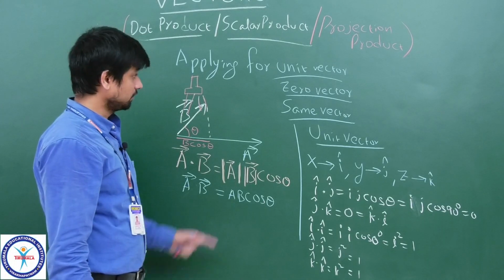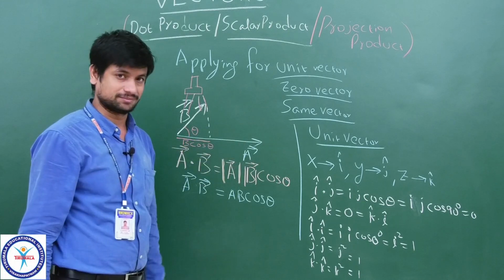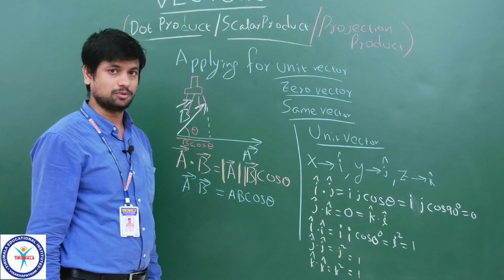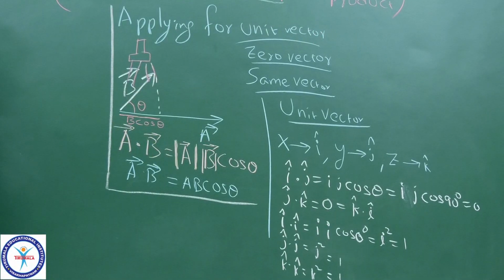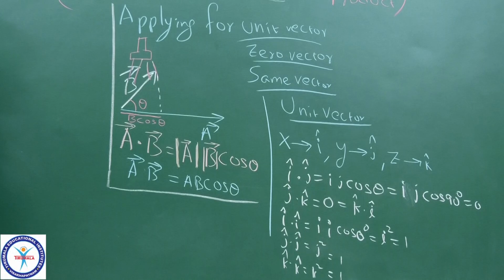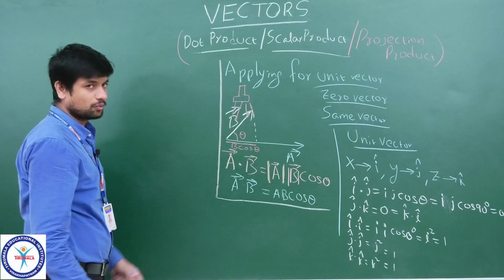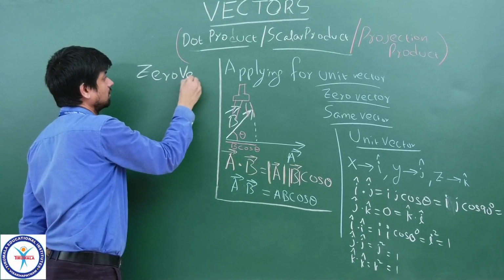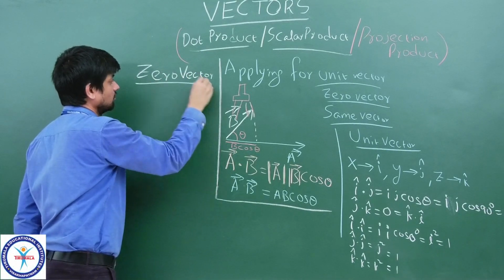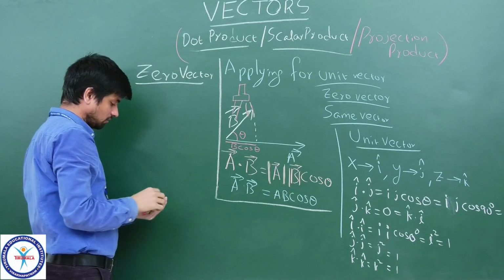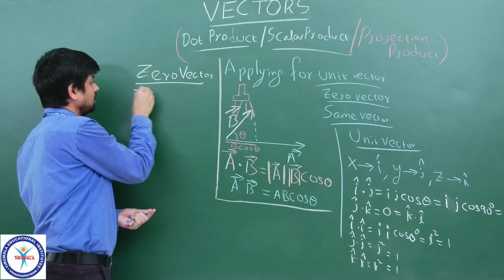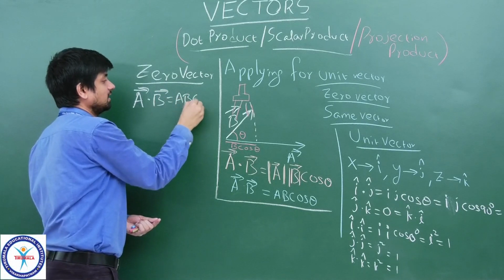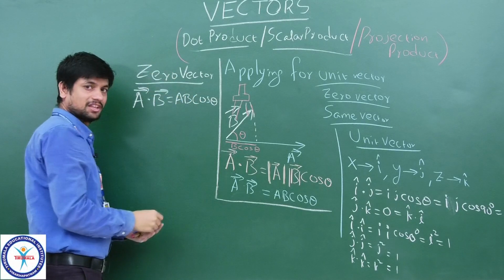In the same way, if you apply it for the zero vector, how will it be possible? We will see. See, children, for the zero vector, we have A bar dot b bar equal to AB cos theta.